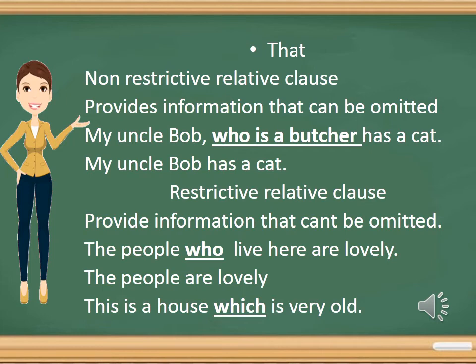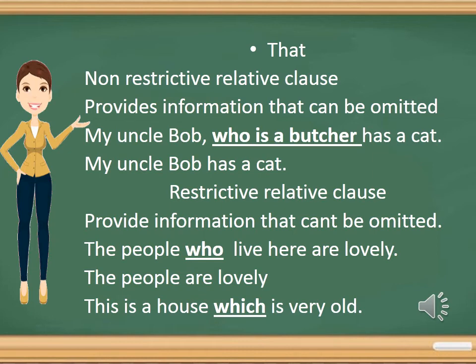My Uncle Bob, who is a butcher, has a cat. In this particular sentence, if we remove the clause who is a butcher, then also the sentence makes sense. My Uncle Bob has a cat. So who is a butcher? This particular clause can be omitted.